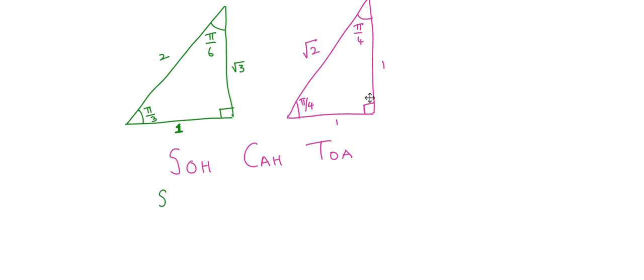This means sine theta equals opposite over hypotenuse, cos theta equals adjacent over hypotenuse, tan theta equals opposite over adjacent.